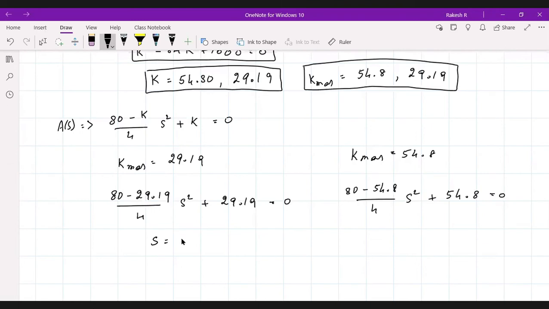1.515j. Yes, how much did you get? 1.515j and minus 1.515j. Similarly for this one, find out s, what are the roots?